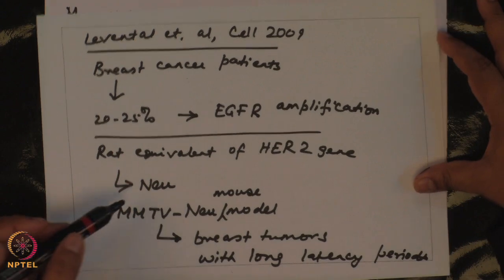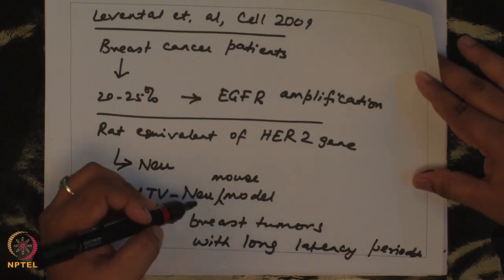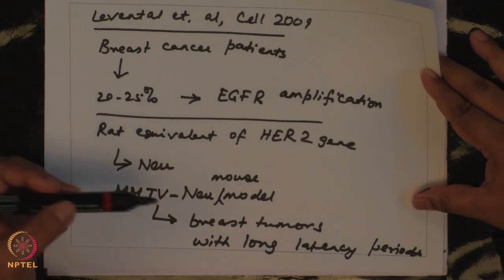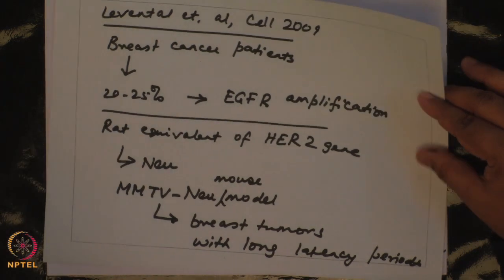So, you have this mouse model in which you can induce expression of NEU, which is the rat equivalent of HER2, and track how tumors form and progress.